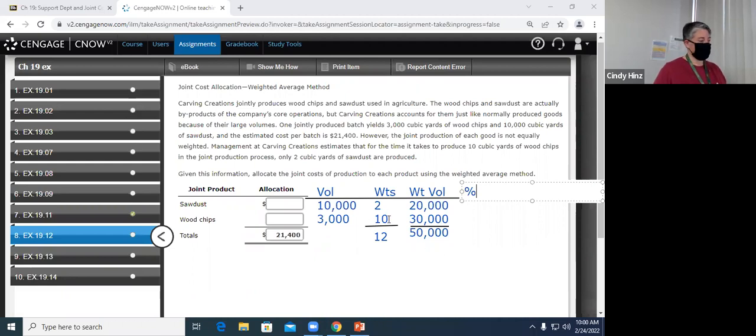The weight on the wood chips is 10, so 10 times 3,000. The weighted time is 30,000. So now we can calculate the percentages of our time that are being spent on those. 20 out of 50 is 40%. 30 out of 50 is 60%.